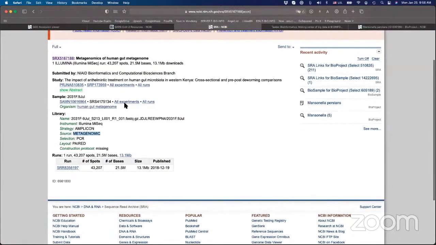Because it is metagenomic using MiSeq, I think that this is going to be amplicon data. What that will simplify for us is that it's only going to provide us with sequencing of the 16S ribosomal RNA gene. And that will allow us to study data about microbiome composition and species richness.